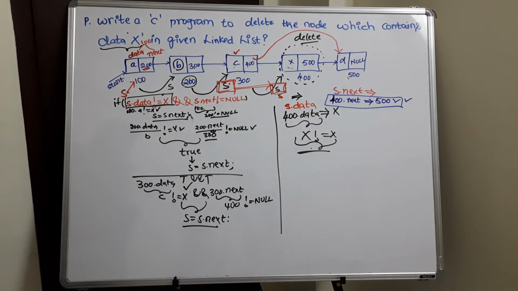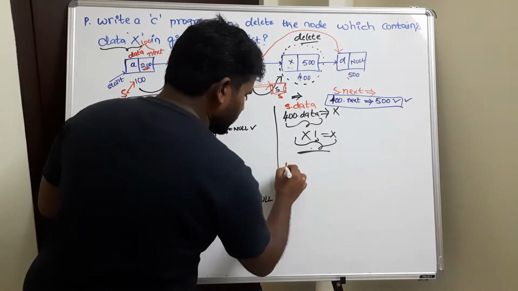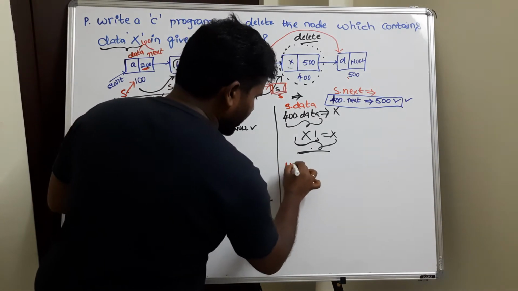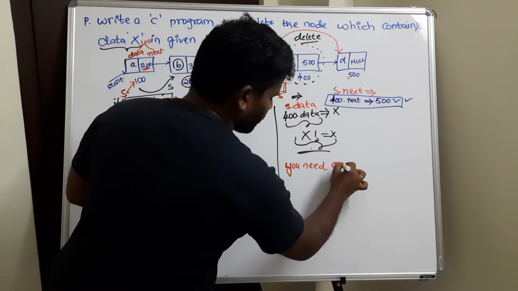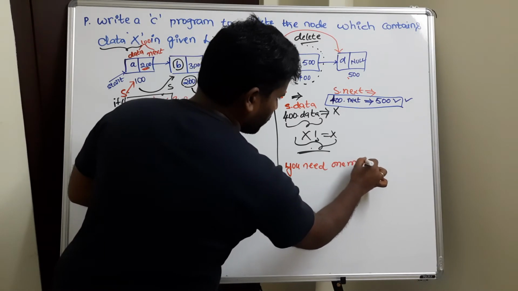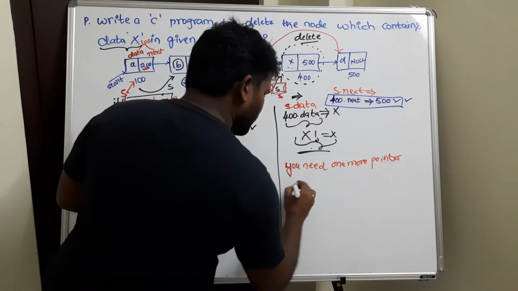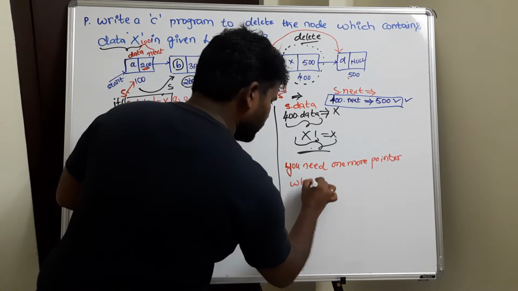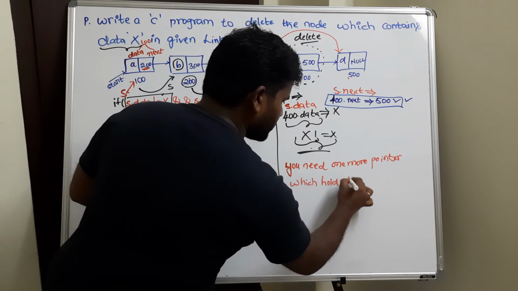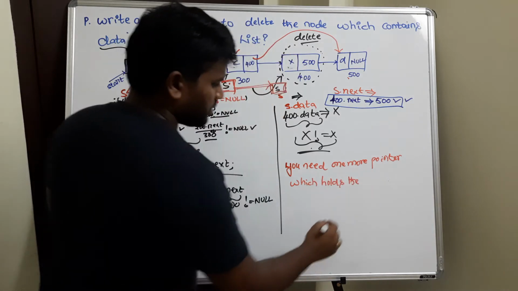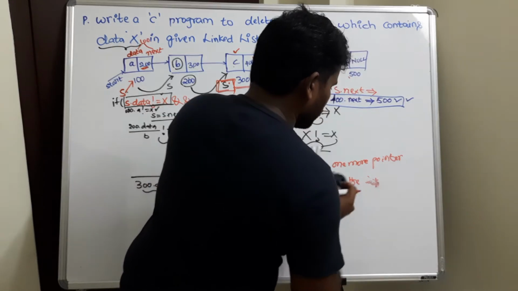So by this, you understand you need one more pointer which holds the previous node address.